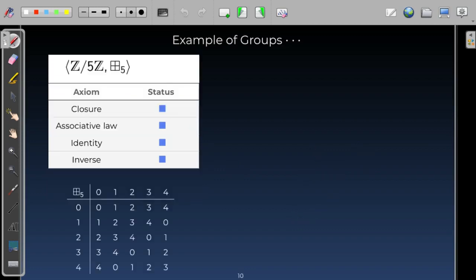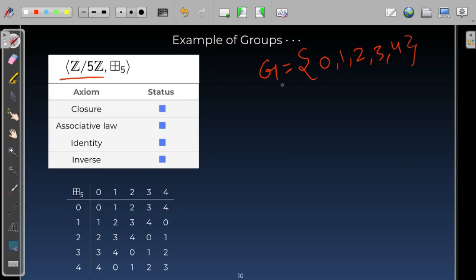Next example of a group is modulo 5 addition of integers. Now here, this notation basically means Z divided by 5Z: when you divide any integer by 5, whatever the remainder is, that is going to be the set. So let me call this set G, and this set G is going to have 5 elements 0, 1, 2, 3 and 4, because these are the remainders that you can get when you divide any integer by 5.